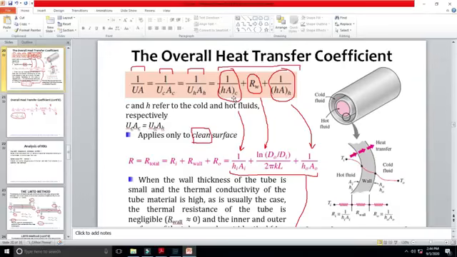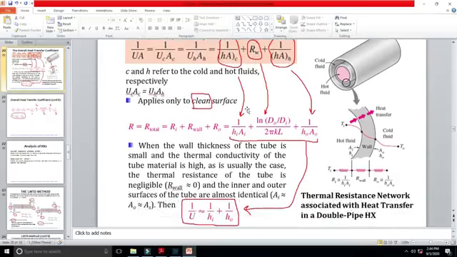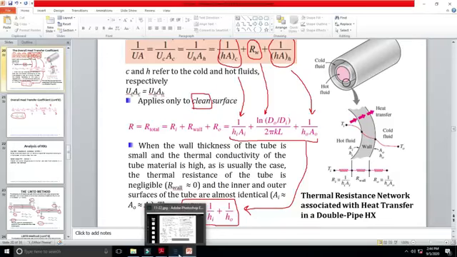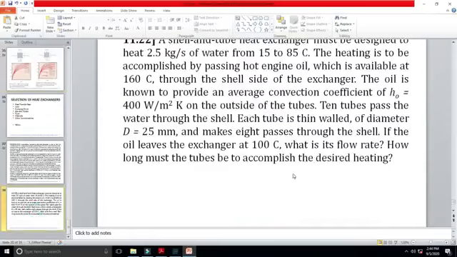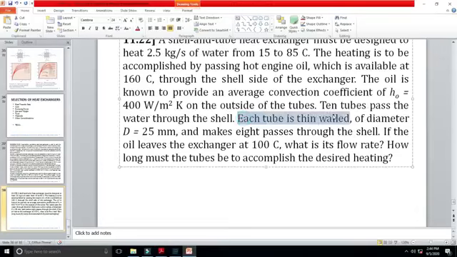Means we need to take care of the two convective resistances and one conductive resistance. Right? So over here we have reached the point where we can, I will show you again, it says each tube is thin walled.